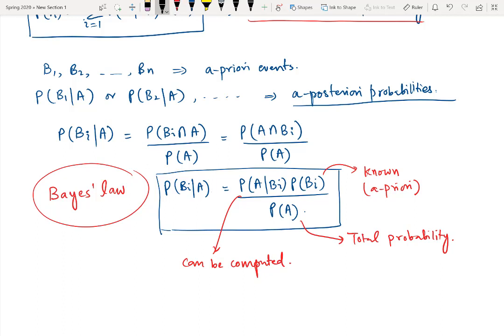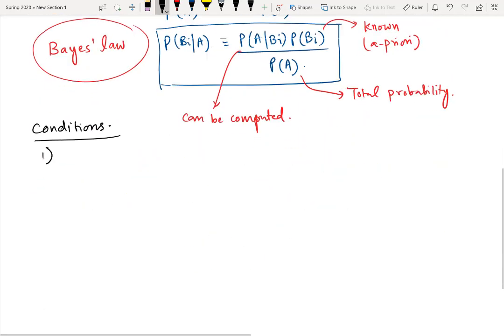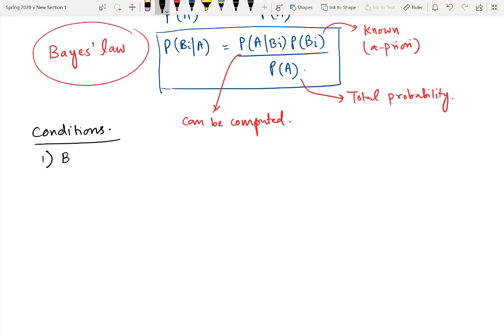So what are the conditions? Condition number 1: the events B1 up to Bn are mutually exclusive, meaning their intersection is equal to 0 with each other.